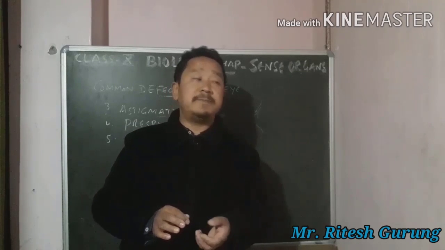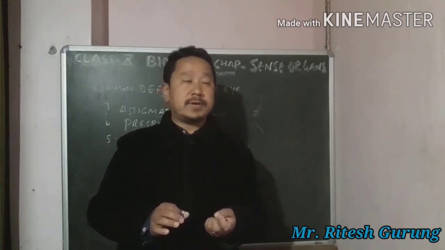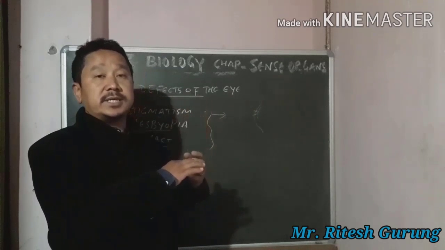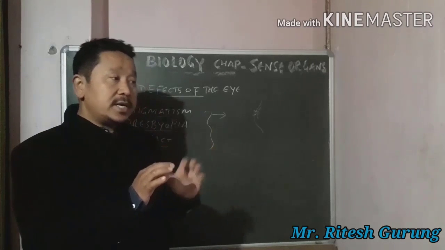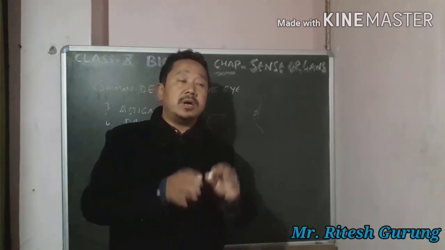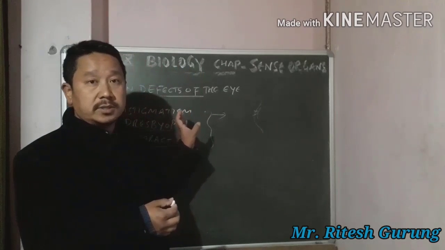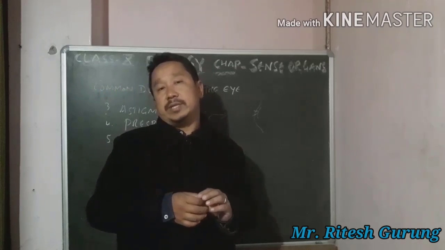That is because of the uneven curvature of the cornea, which we discussed in the last session. These problems can be corrected by wearing a cylindrical lens.